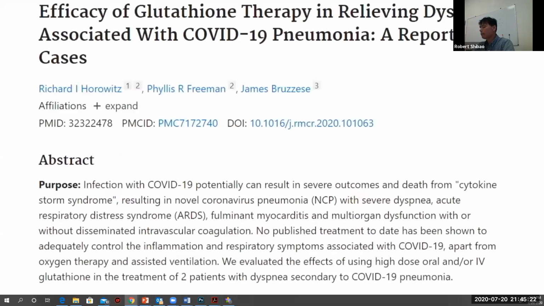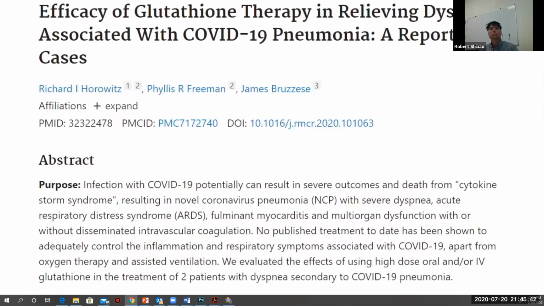Now, you should know in the business that when you're looking at evidence, case reports are the lowest form of evidence that we have. This is not a randomized controlled trial. We have no idea whether or not the 2 patients' improvement was the result of the medications that they took. Nonetheless, it is a case report.